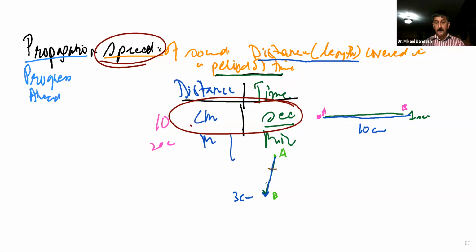How much time does it take the sound wave to cover a distance of, let's say, 1 centimeter? It will take this much time to reach from here to here, because that was the distance covered in a specific period of time. These are all dependent upon the speed at which it is traveling.